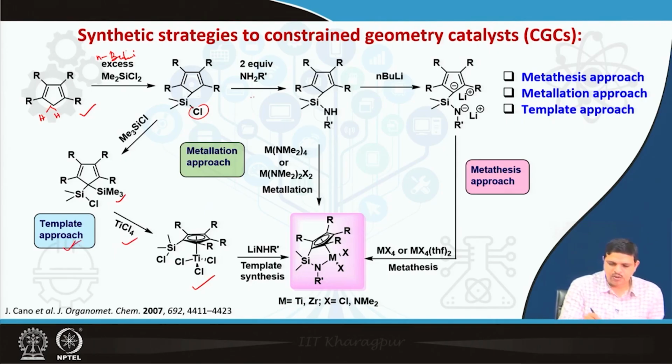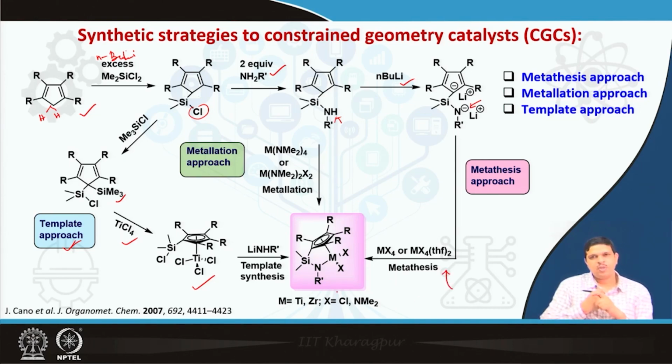The other one, you start from here, then you use 2 equivalents of amine, and which amine, that depends on you, what donor you will be selecting, and then you use n-butyl lithium to deprotonate this amine, and then you have N minus, and then you use the precursor like MX4, that is ZrCl4 or TiCl4, then you will get your catalyst.